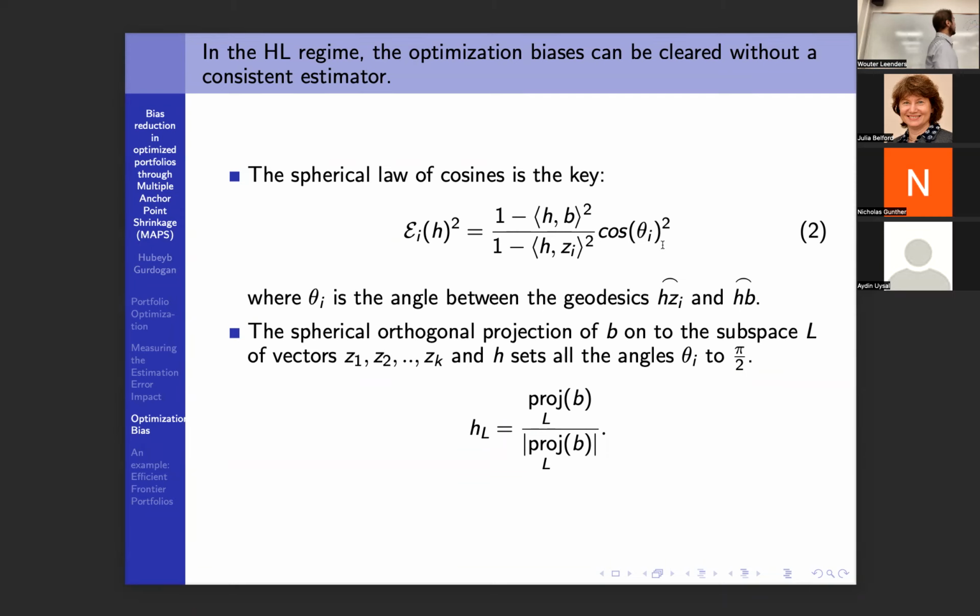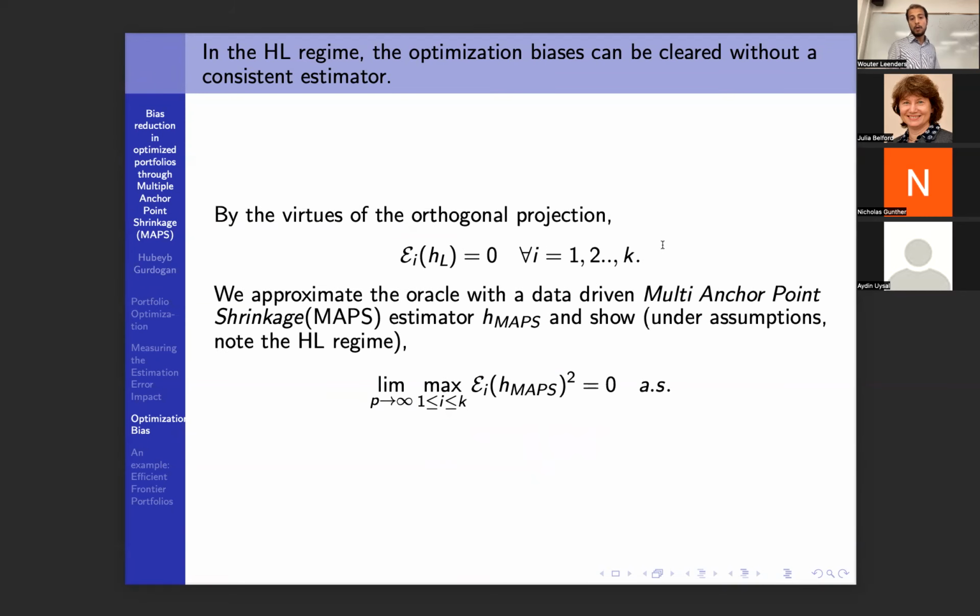So I would directly get all the angles at 90 degrees when I connect B and the projection and the Z_i's. The same thing happens in the spherical geometry as well when you normalize back to the sphere. So that means all of the optimization bias terms are set to 0 by the oracle MAPS estimator, what we call the oracle MAPS estimator H_L.